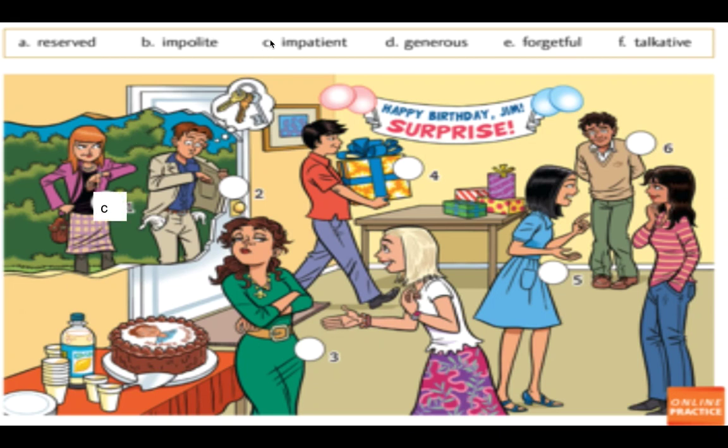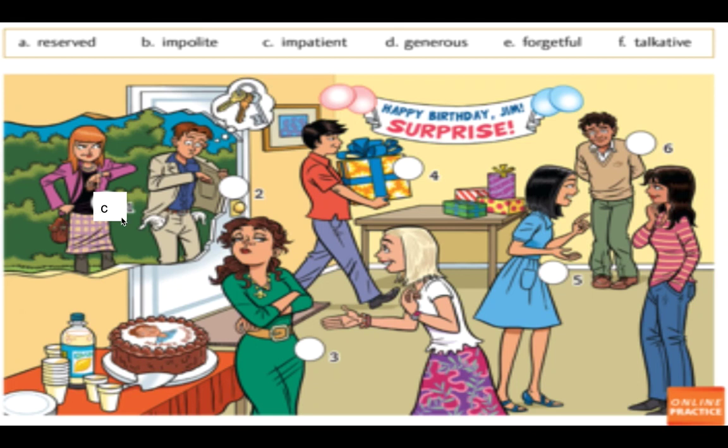So this is C. Patient means that you don't get angry when you have to wait a long time. If you go to the supermarket and it's very busy, you have to be patient. If you are impatient, you can get very angry.